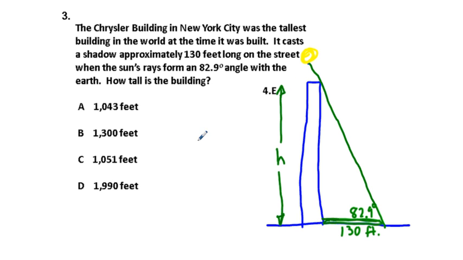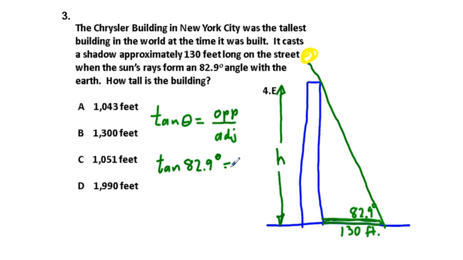Well, again, as in problem 2, we have the tangent of theta equals our opposite over our adjacent, which in this case, the tangent of 82.9 degrees is equal to our height, which is our opposite side.